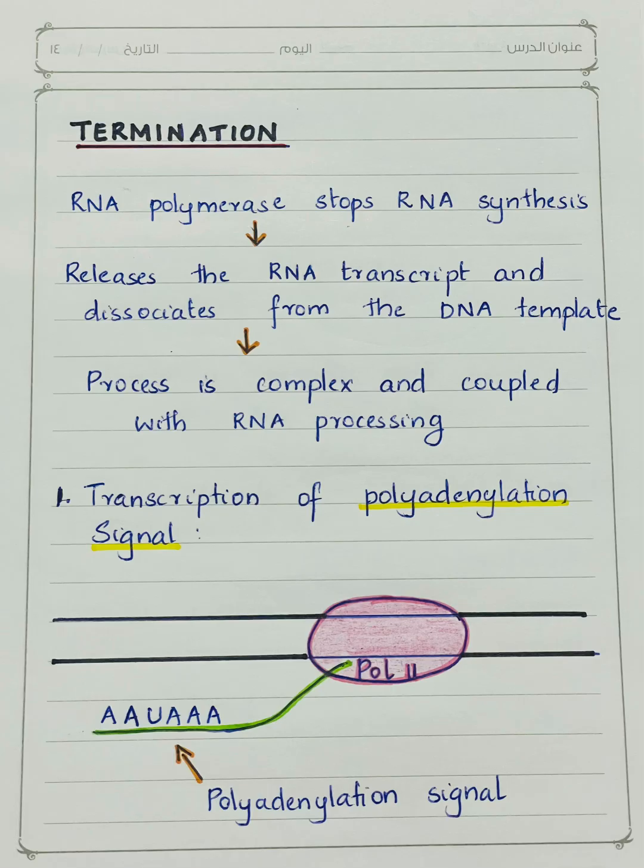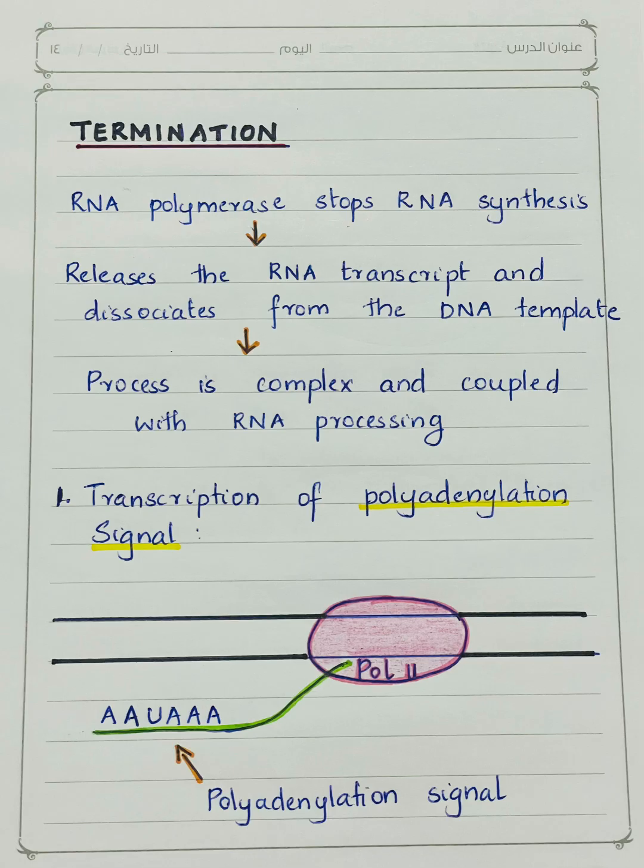Termination is the final phase of transcription where RNA polymerase stops RNA synthesis, releases the RNA transcript and dissociates from the DNA template. In eukaryotes, especially for RNA polymerase II, this process is very complex and coupled with RNA processing.